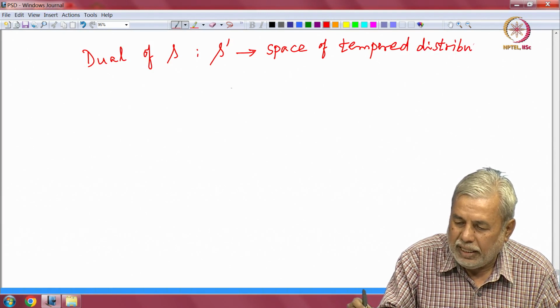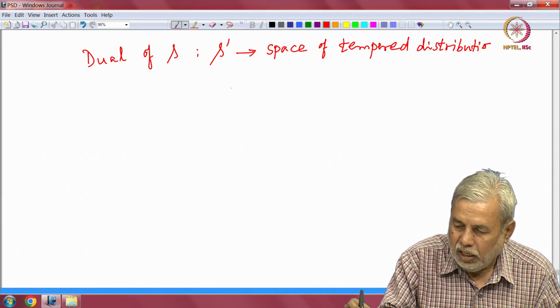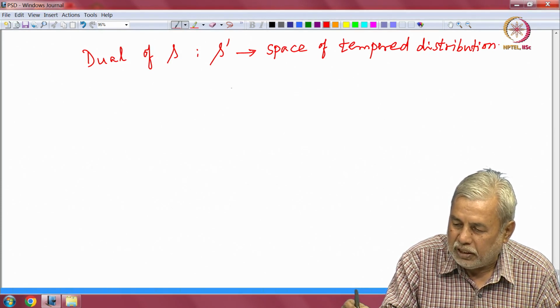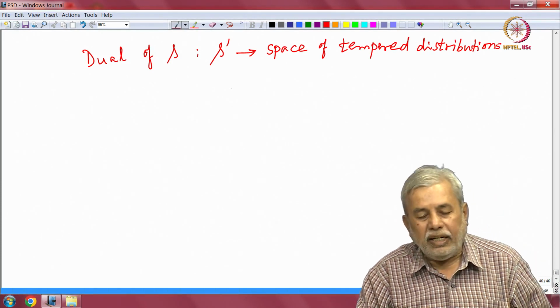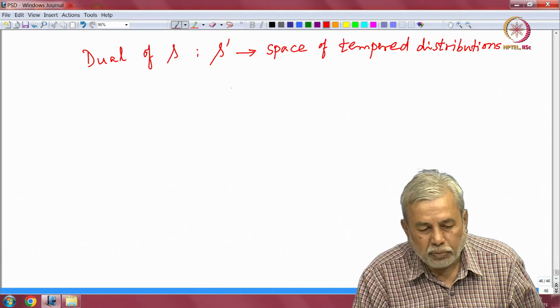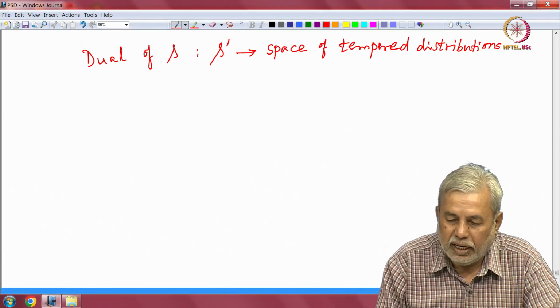Soon we will see that on this space of tempered distributions we can extend the notion of Fourier transform. I will discuss that in a minute.